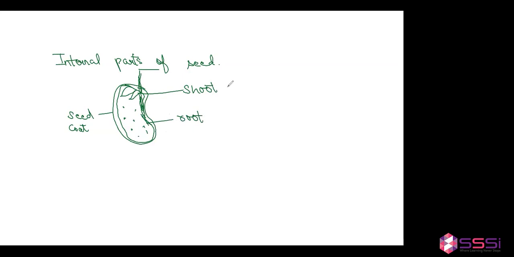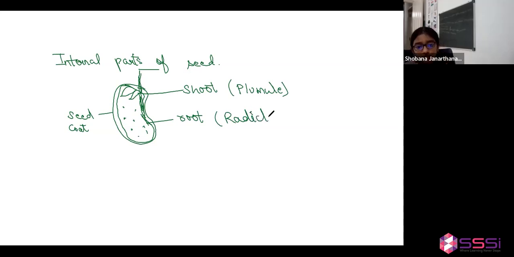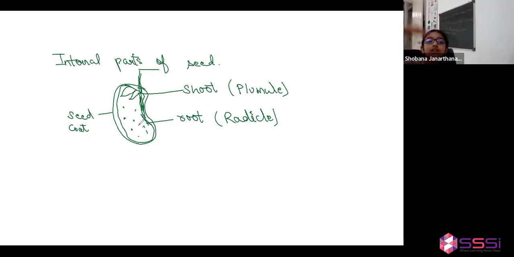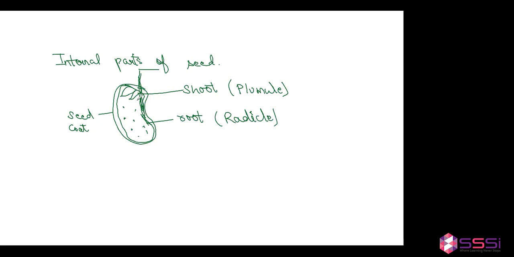The other word for shoot is plumule, and for root is radicle. In the shoot there is the flower and everything, and the root is inside. The shoot is outside in the ground and the root is inside.